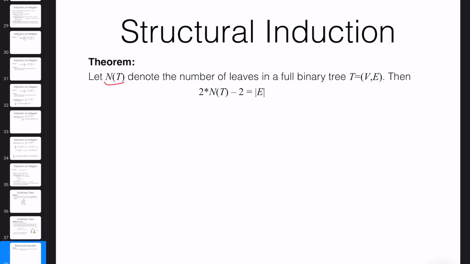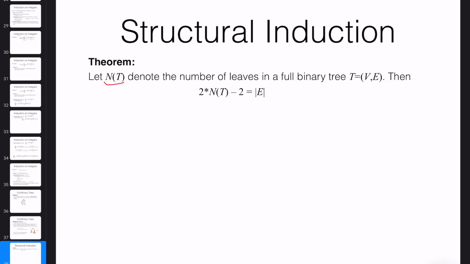We wanted to prove that in any full binary tree, this statement is true, which tells me that 2 multiplied by the number of leaf nodes minus 2 is equal to the number of edges.